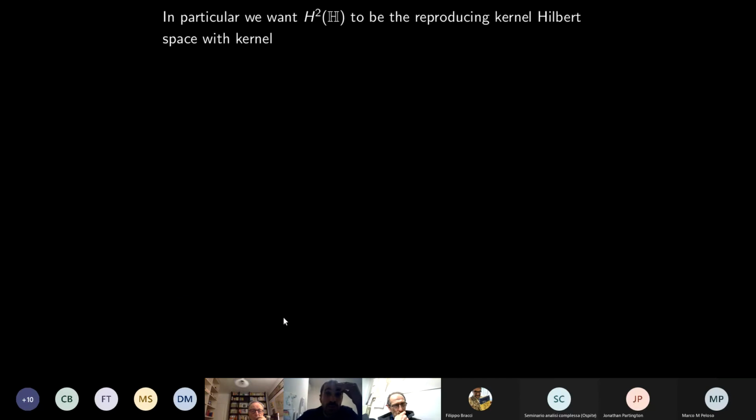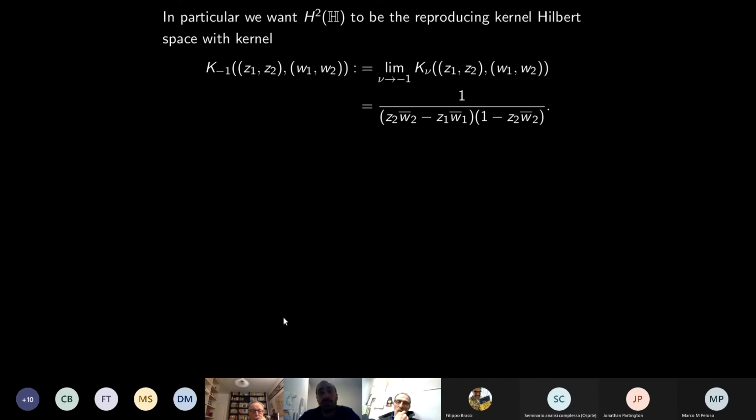So in particular, I have a family of kernels K nu, that when nu is greater than -1 are the kernels of the weighted Bergman spaces. And I want the case -1. I want the Hardy space to be the holomorphic function space that has the reproducing kernel k-1, which is the following one.